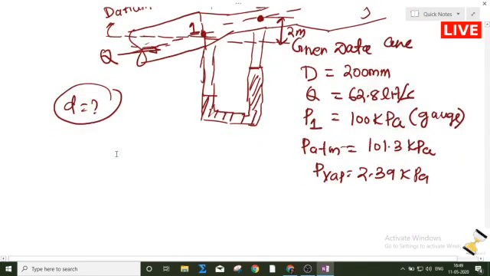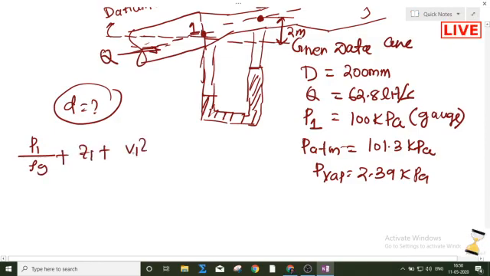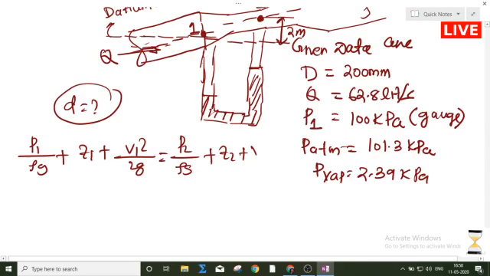Now I am writing down the Bernoulli equation between point number 1 and point number 2. So P1 by rho g plus Z1 plus V1 square by 2g will be equal to P2 by rho g plus Z2 plus V2 square by 2g.